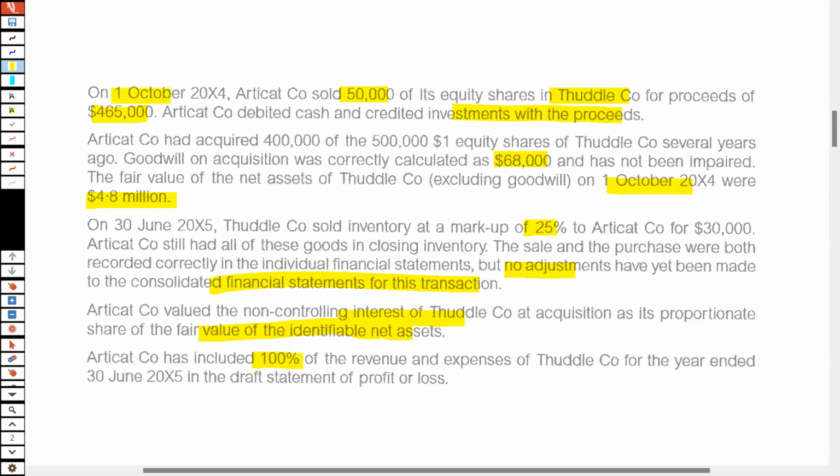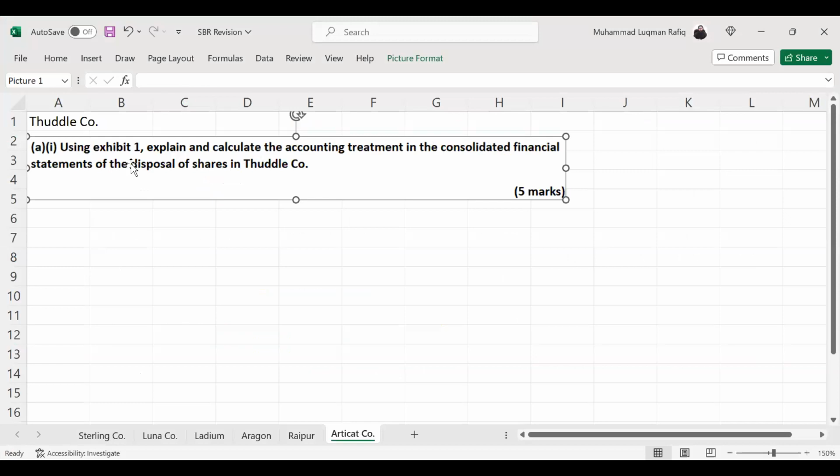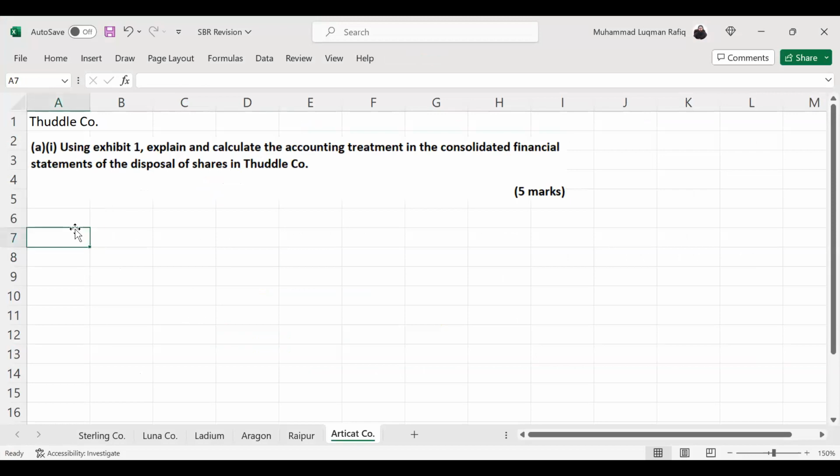So on 1st October, you disposed of 50,000 of its equity shares for this. The requirement is, using exhibit number 1, explain and calculate the accounting treatment in the consolidated financial statement.